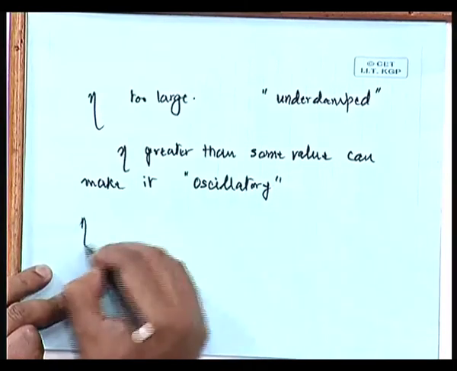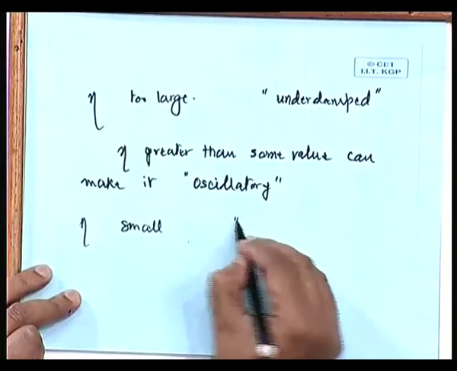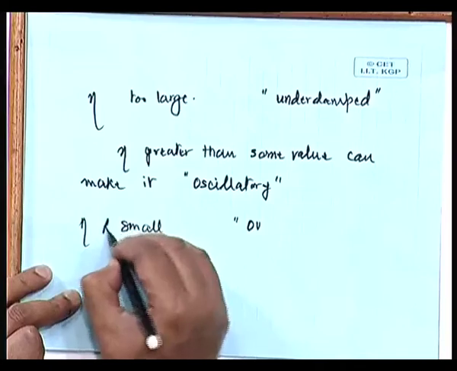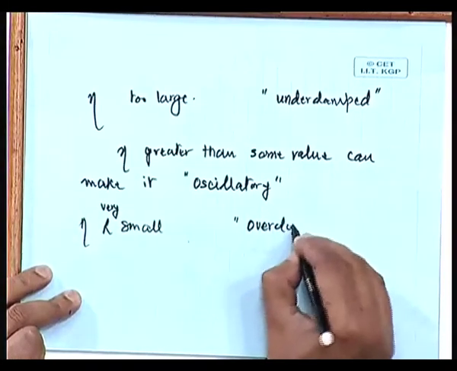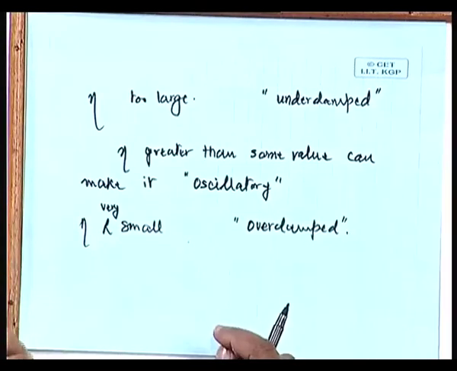Whereas, if eta is too small or very small, then it is going to be overdamped, and overdamped means you will reach the convergence, you will reach the point of minima, but you will take more iterations. Your number of n in order to reach W star will be quite large.